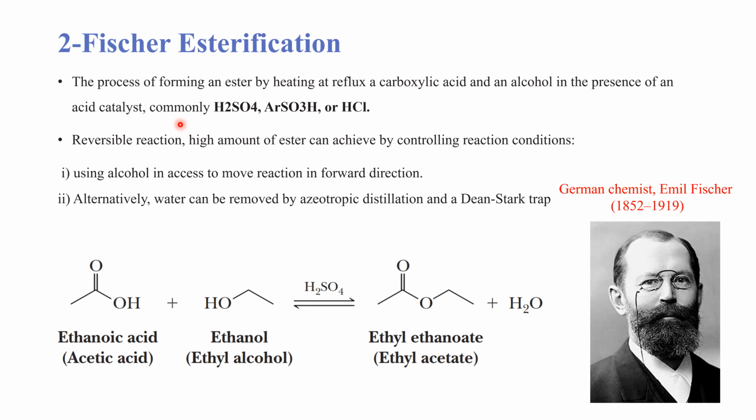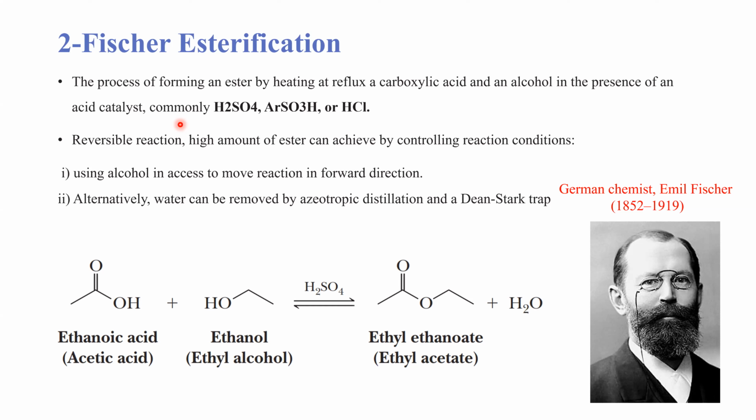So one thing is that if we use a high amount of alcohol, or alcohol in excess, if it is inexpensive, then we can easily push the reaction in the forward direction, which means we will have a higher amount of ester.